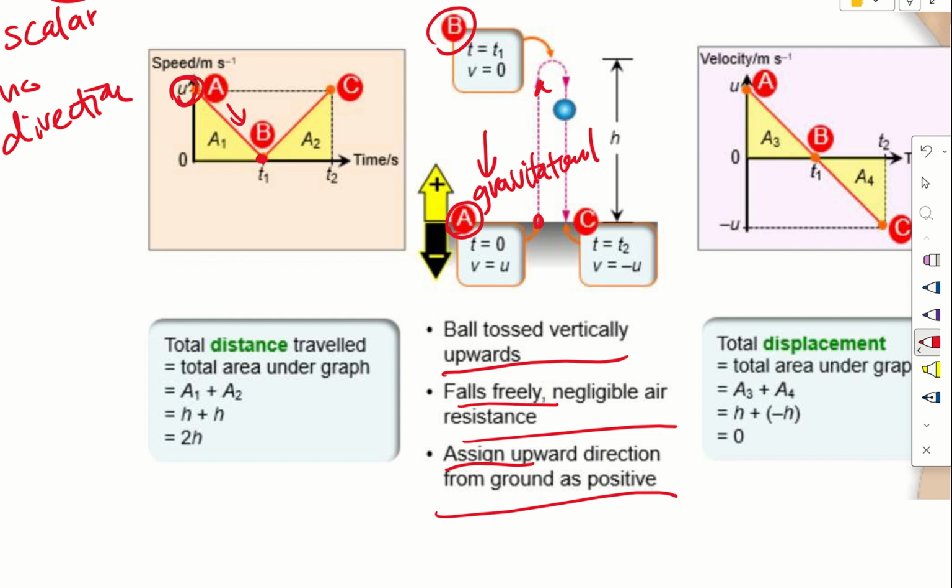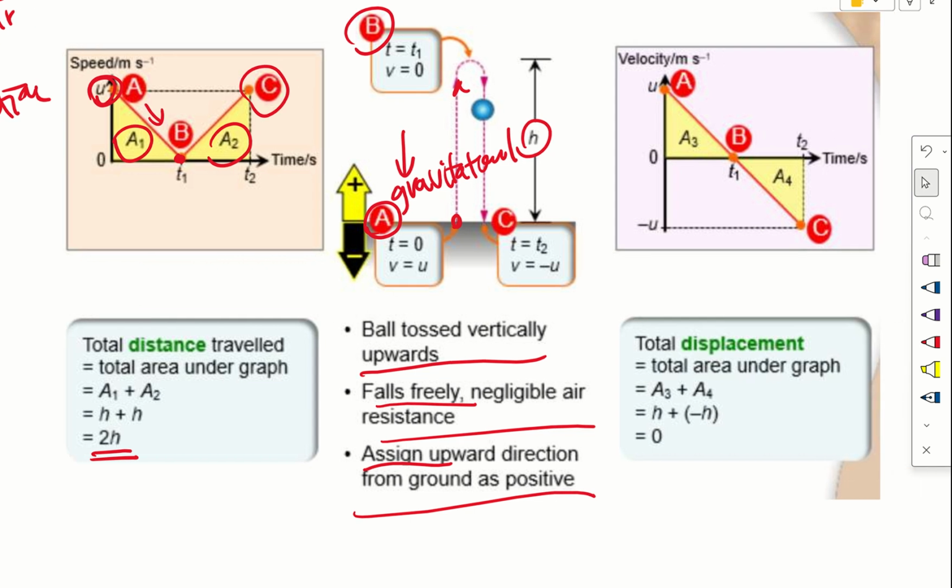So it will reach stage C. Now what does the area under the graph mean? For a speed time graph, it represents the distance. So this triangle A1 plus A2 will be the distance traveled by the ball. You can add them up, which is h plus h, because the height that it reaches is h. So it travels up h, it travels down h, so the total distance traveled is 2h.